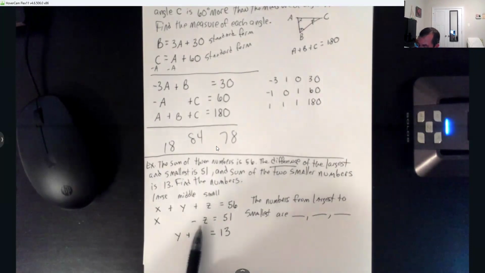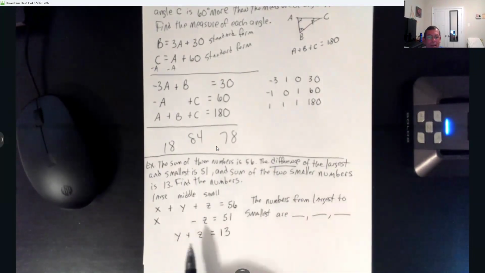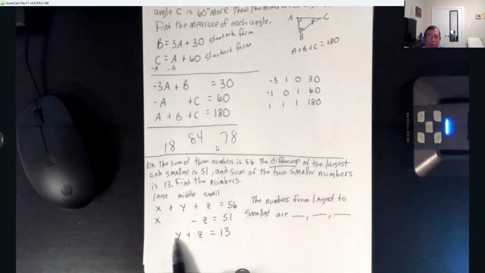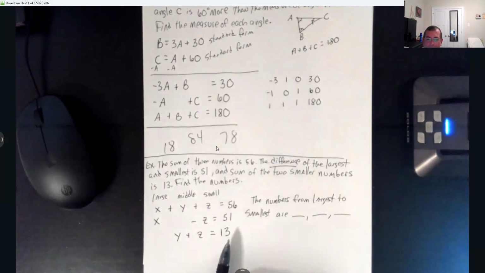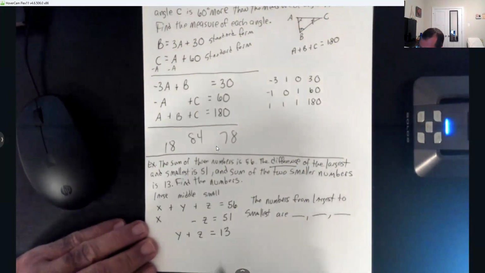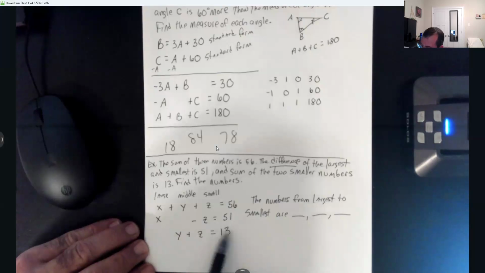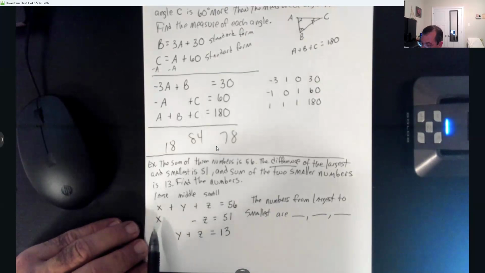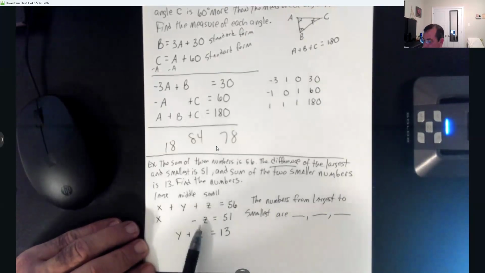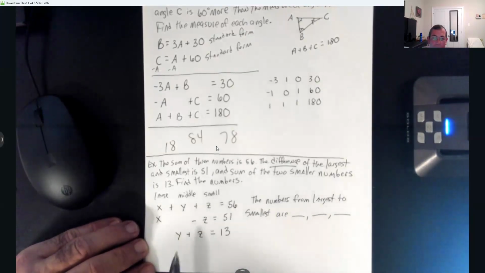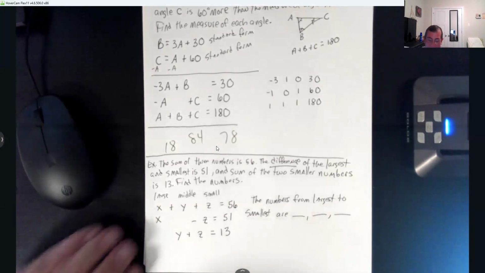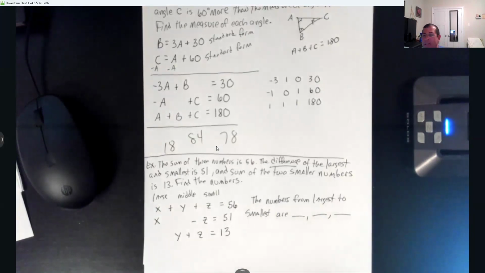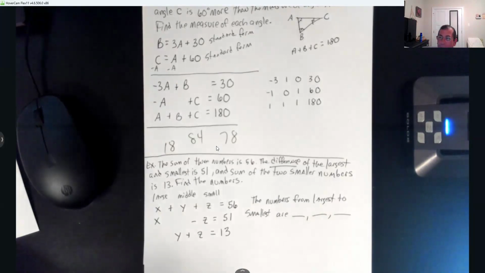Your largest minus the smallest should equal 51, and the adding of the two smaller numbers should equal 13. So y'all, you still have a 3 by 4, and you're going to have 1, 1, 1, 56, then 1, 0, -1, 51, and then that last row will be 0, 1, 1, 13. I'll let y'all punch that one in.